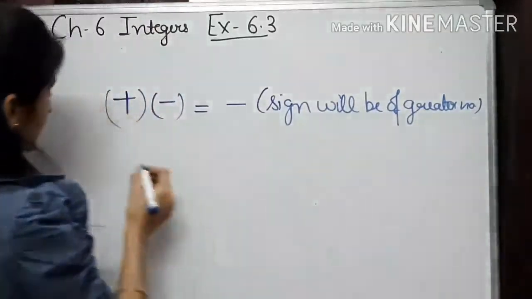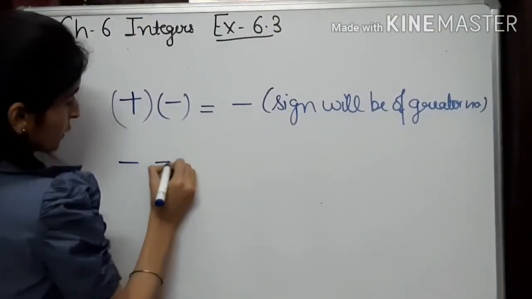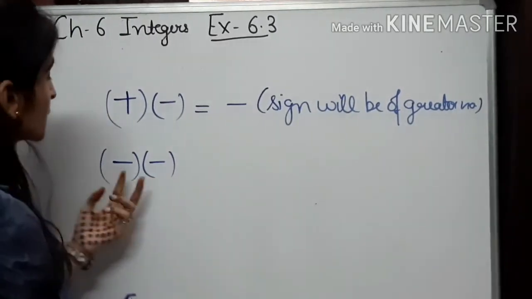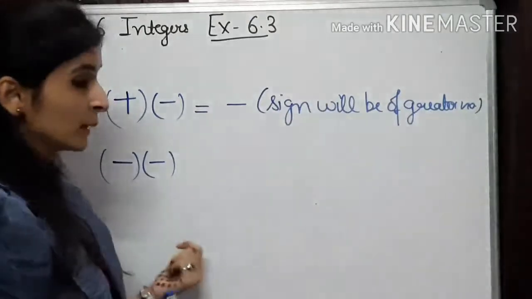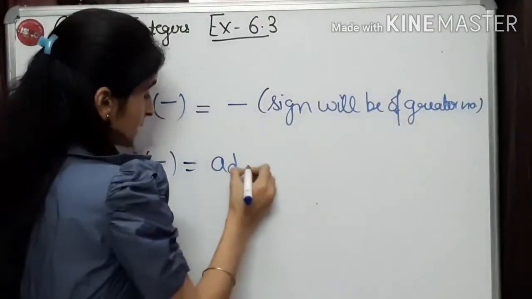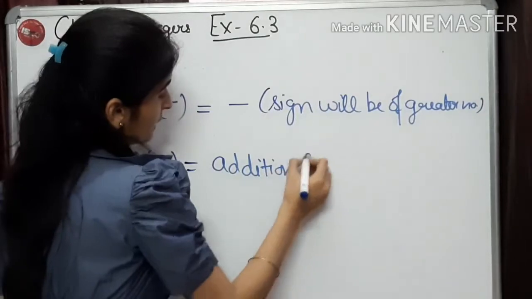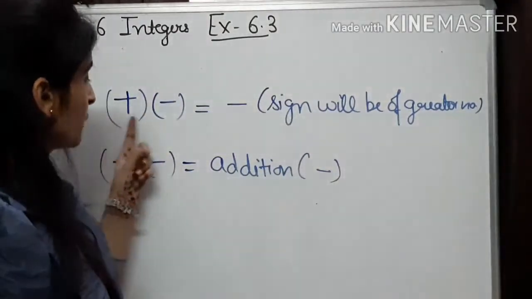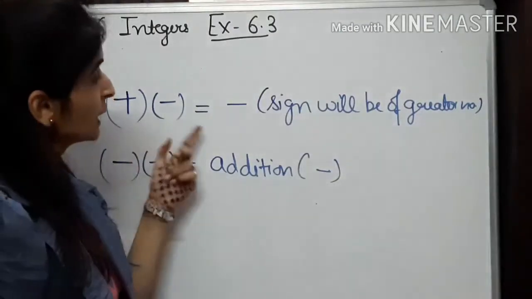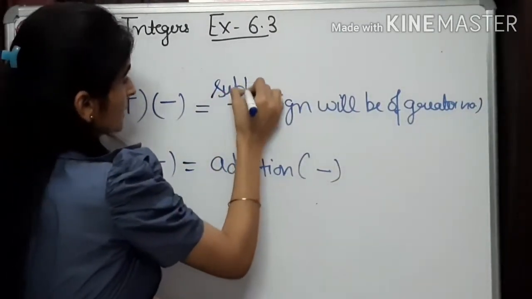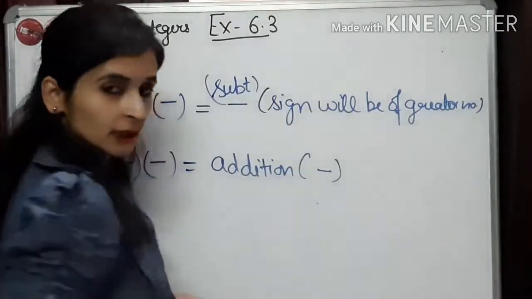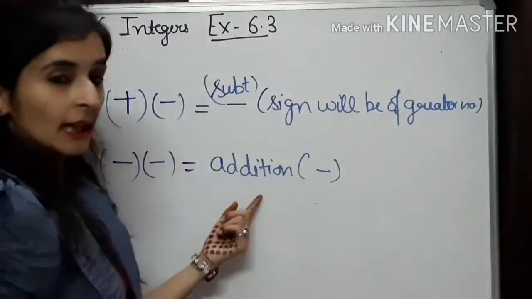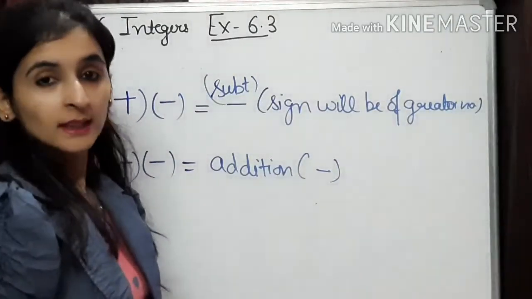right? And if we have two negative integers, it means if we have two minus signs, then we will do addition, but the sign will be of negative, right? If we have one positive and one negative integer, then we will do subtraction, but sign will be of greater number. And if we have two negative integers, then we will do addition and sign will be of negative.